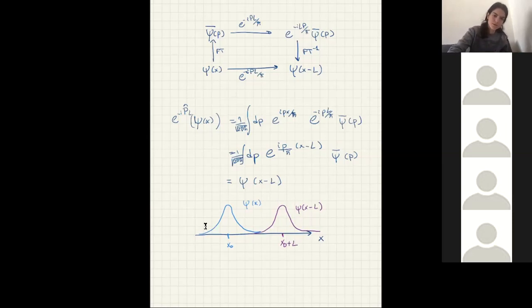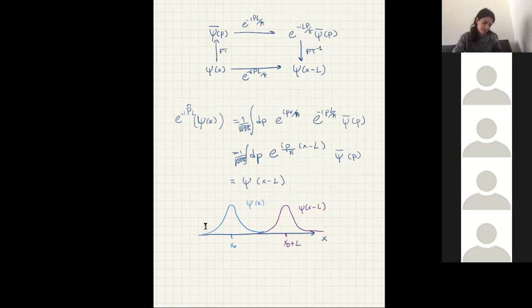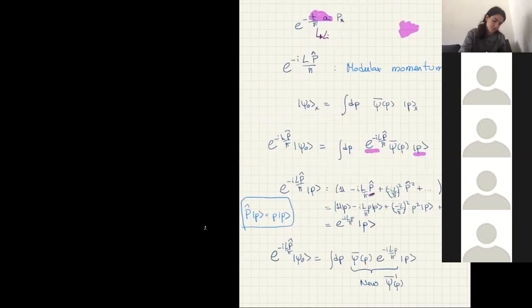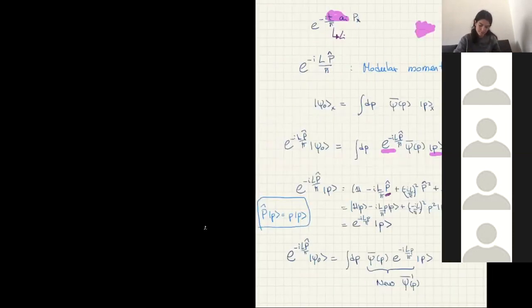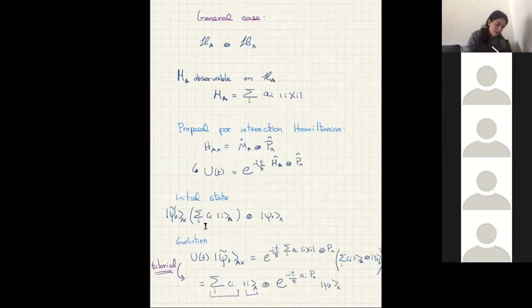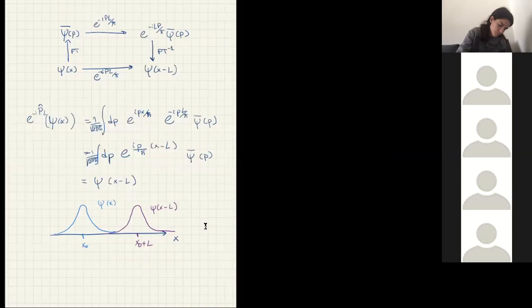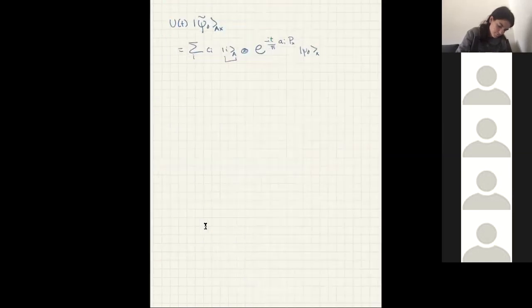Good, so now we need to see, well, we started with a more complicated thing. So we started with this thing here, and we want to see now what is happening overall. Okay, so let's copy all of this. Copy. Paste. Go.